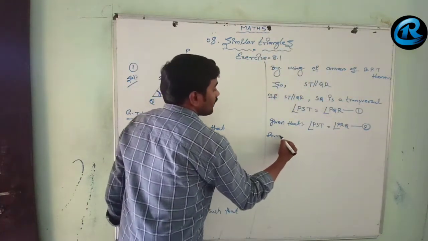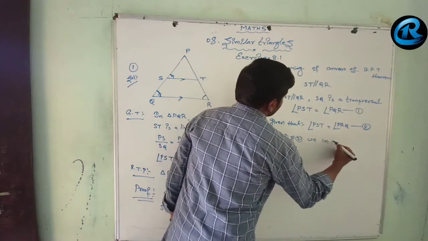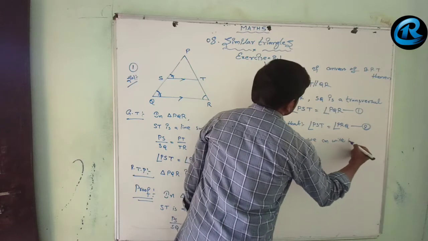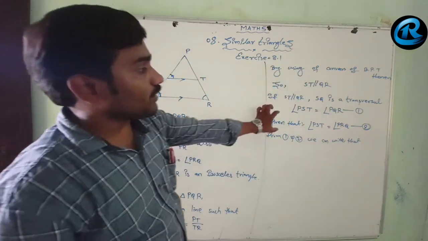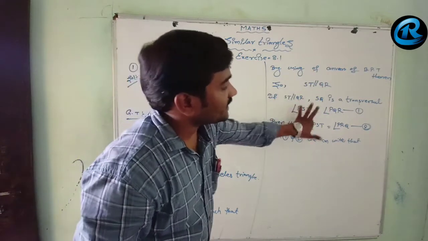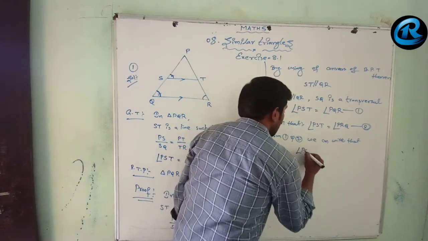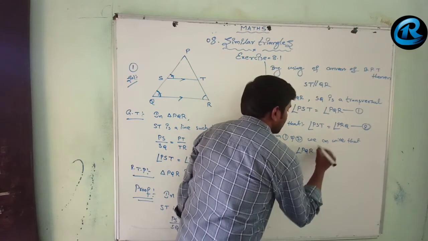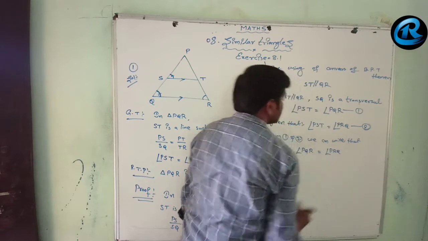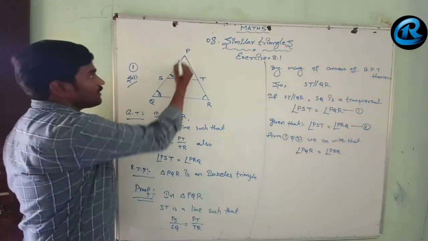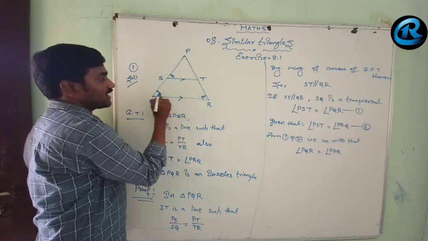From equation number 1 and 2, what can we write? See, in both the equations, the LHS sides are equal. So we can make the RHS equal. So angle PQR is equal to angle PRQ. These two angles are equal.